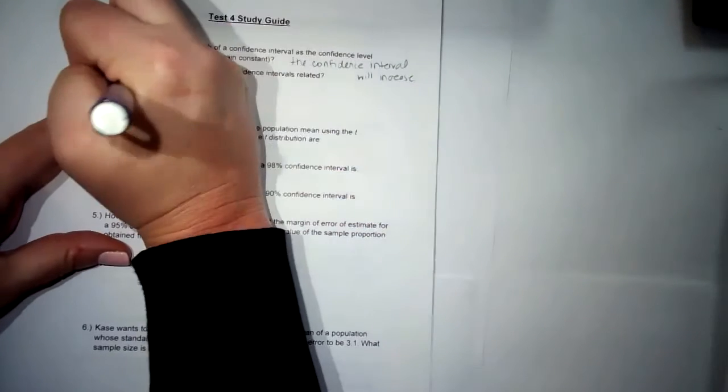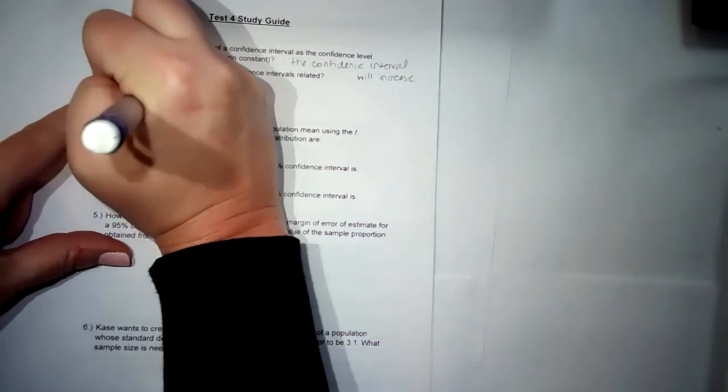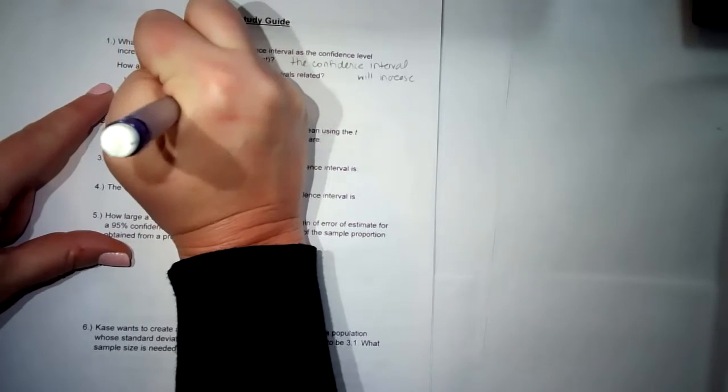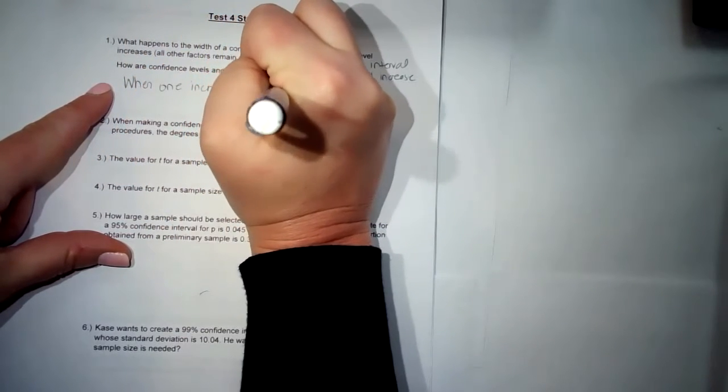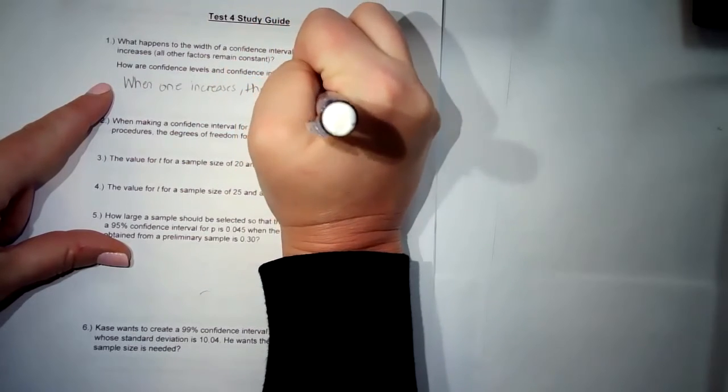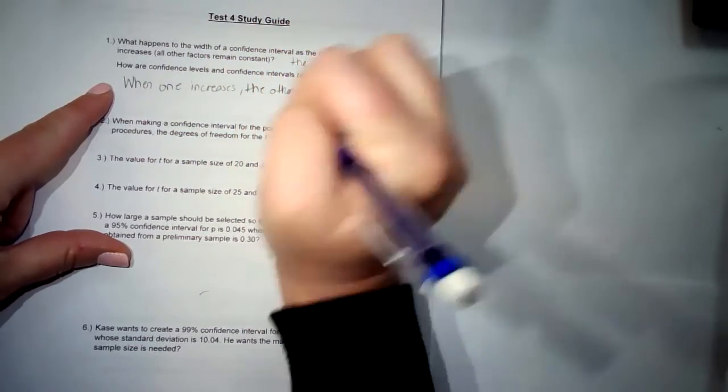It's not a question, but remember the sample size would do the opposite. So how are they related? When one increases, the other increases. I'm not going to write the second sentence because I'm lazy, but the second sentence would be when one decreases, the other decreases. Whatever one does, the other one does, basically.